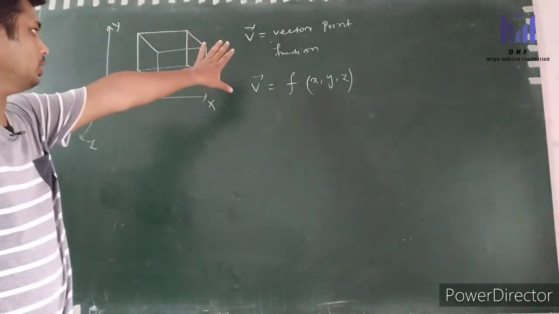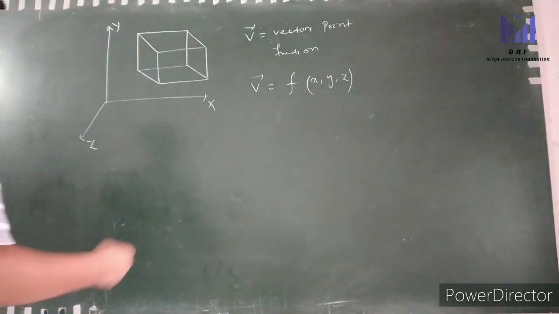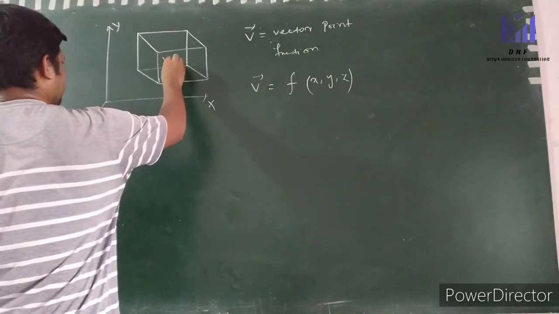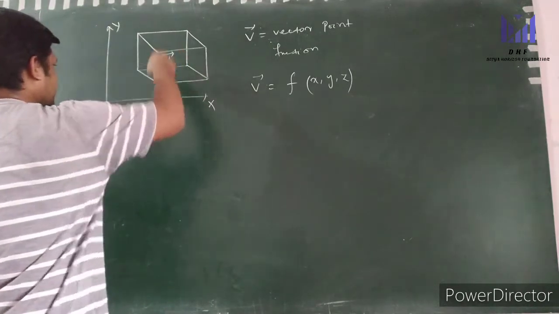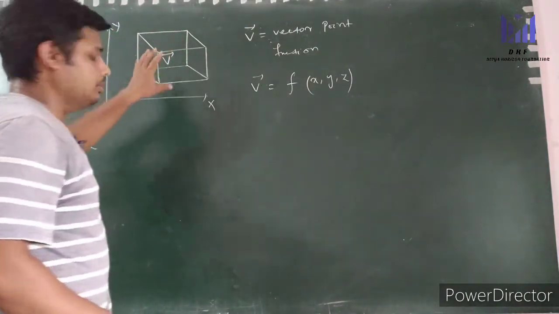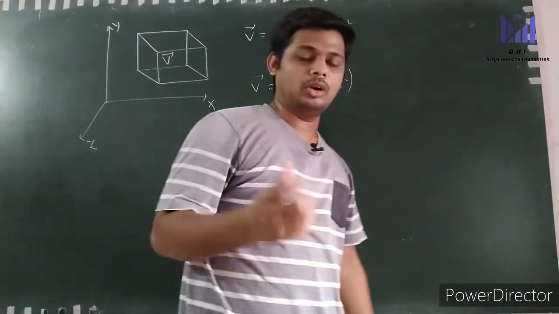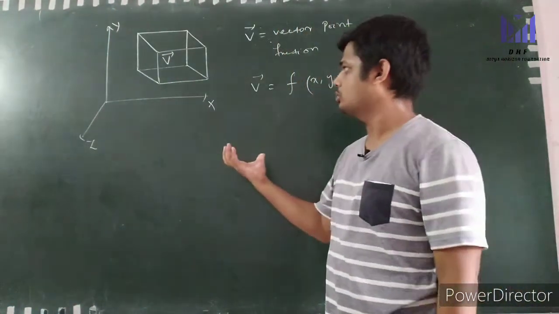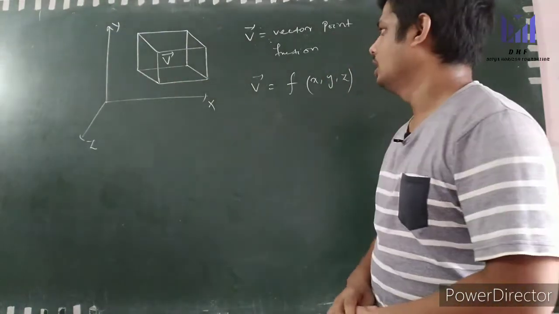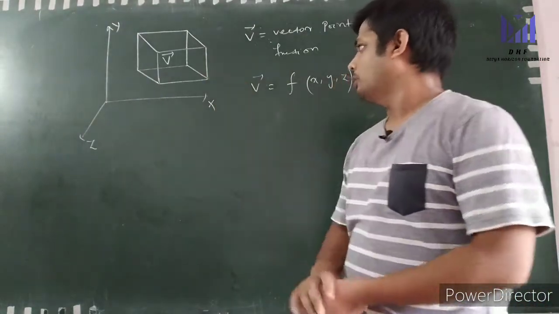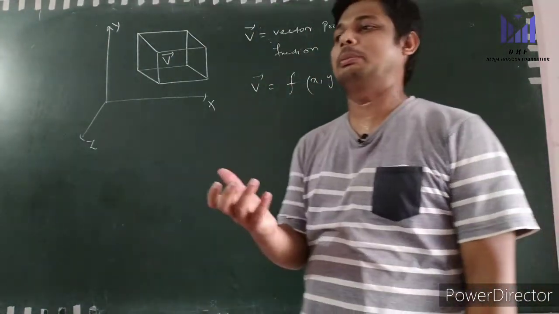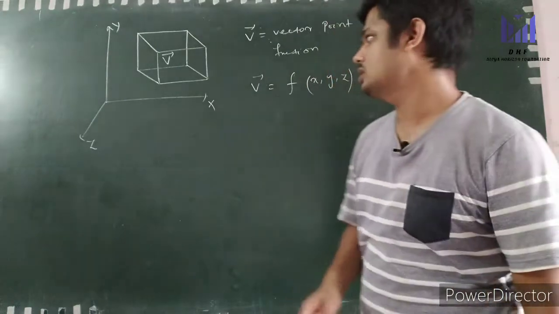So this vector point function V has, let's say, a value V in this volume element. The volume element is so small that the vector point function does not vary by a large quantity within this volume.